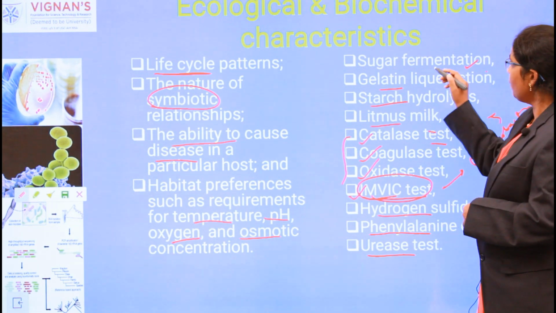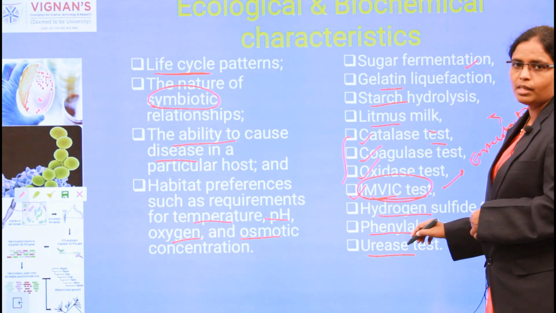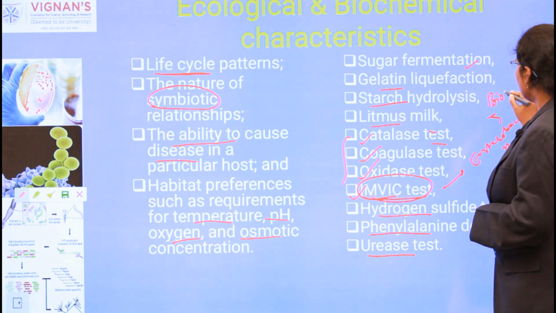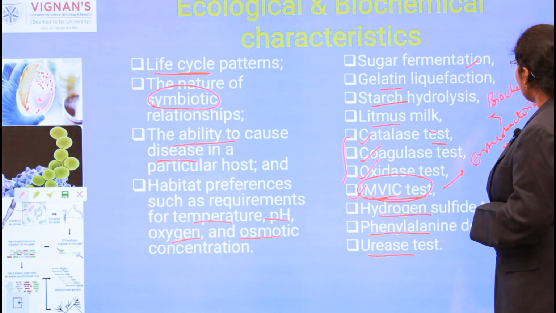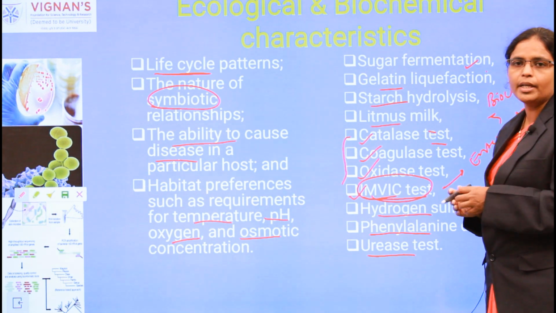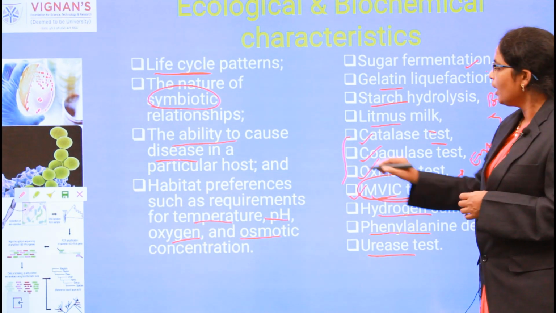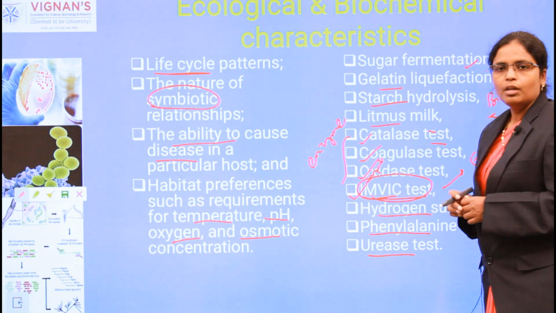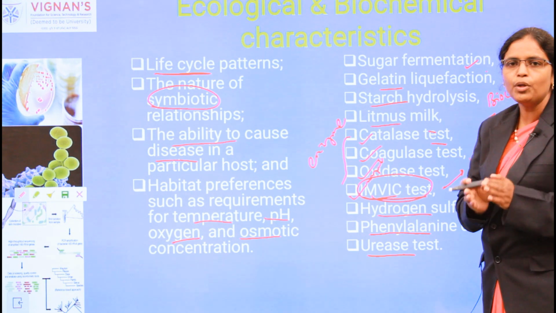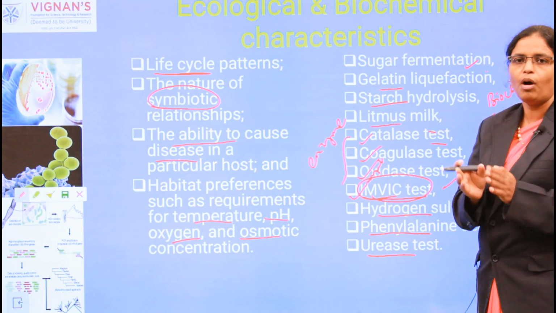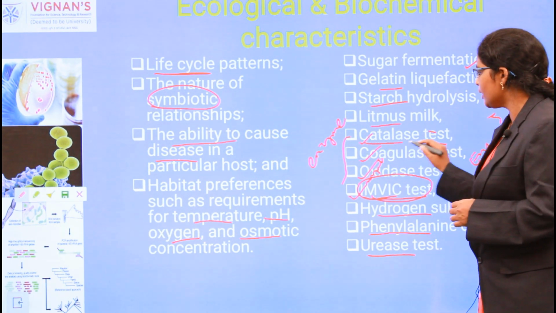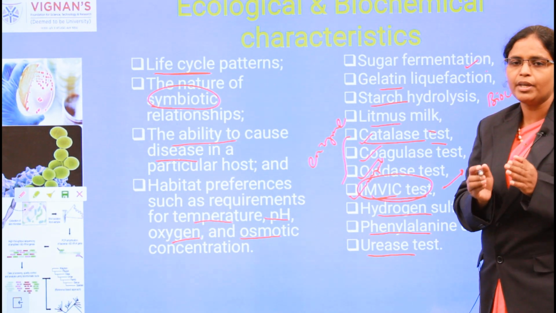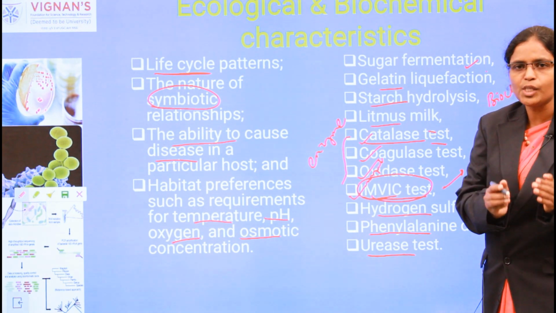So here in the biochemical characteristics, we can study the biochemical reactions. Those biochemical reactions take place by the enzyme. So the organism is able to produce a particular enzyme or not. For example, take catalase. If the organism is producing catalase enzyme, we can say the organism is catalase positive.